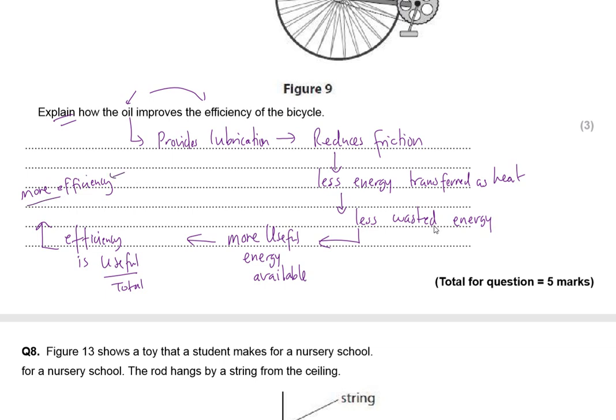Because the oil provides lubrication, which reduces friction, which means there's less energy transferred as heat. Therefore, there's less energy wasted. If there's less energy wasted, it means there's more energy useful. And useful energy is dependent on efficiency, because efficiency is useful over total. So therefore, if there's more useful, it means there's more efficiency, full stop. This is where we get to the conclusion, yeah? Okay? So we need to be careful of the way we phrase stuff.